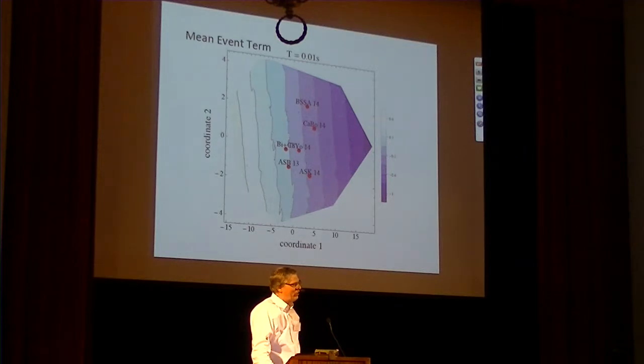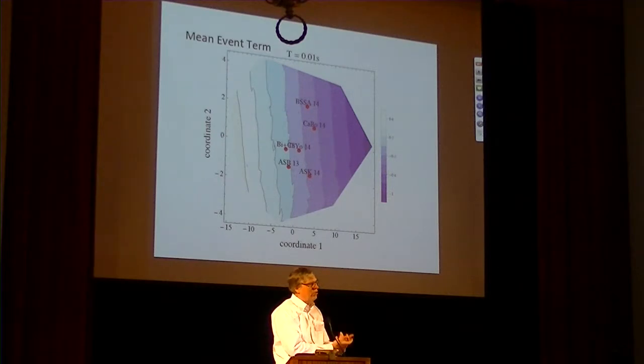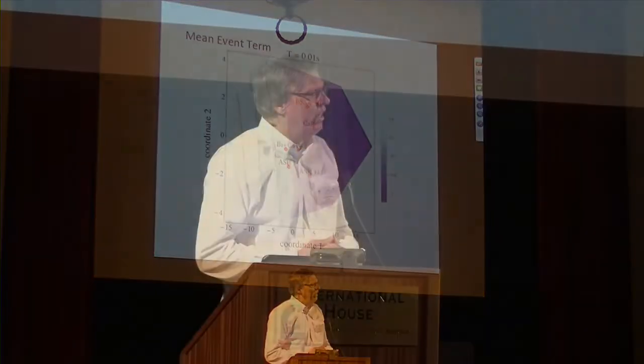So if you remember yesterday, what Nico also said is that at each one of those GMPEs, you can go to the data set and compute the event terms. Compute the residuals. So he gets an event term and a residual for each of the 1,000 GMPEs, one at a time.